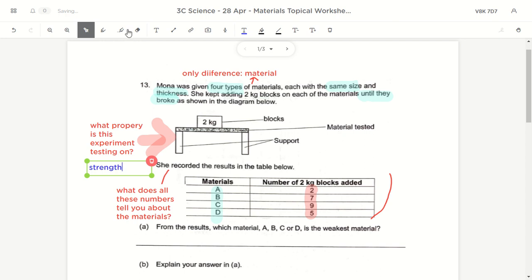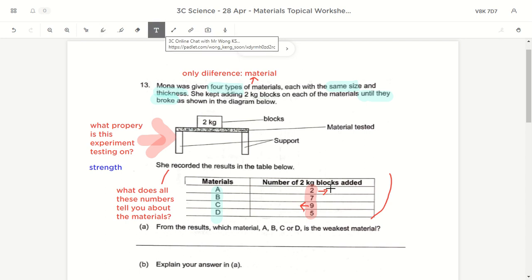And what do these numbers tell me? You realize we have 2, 7, 9, and 5. It's really not about the numbers per se, but what do the numbers tell you? So I'll focus on the smallest number and the greatest number. The smallest number is 2, which belongs to material A. So material A can only hold 2 blocks of 2 kg before it breaks, so I can say that this is the weakest.